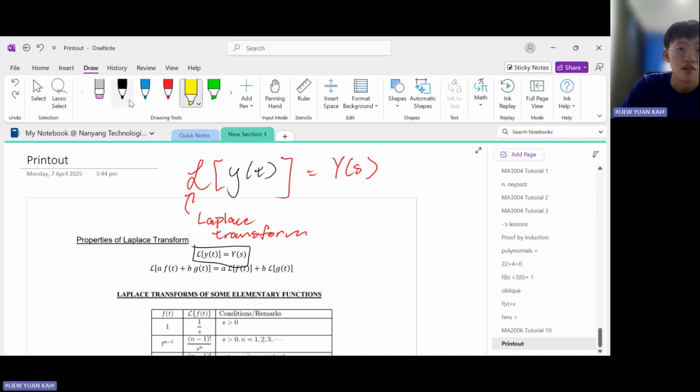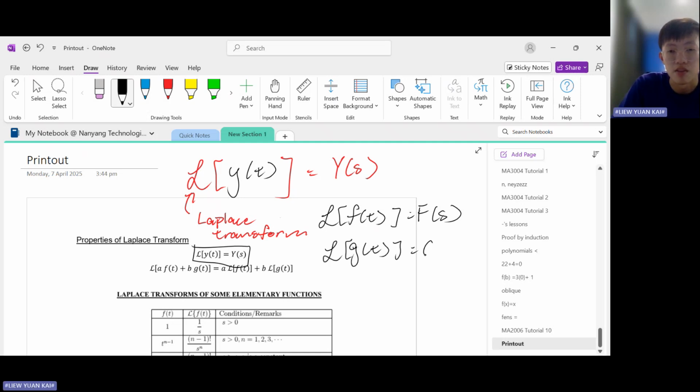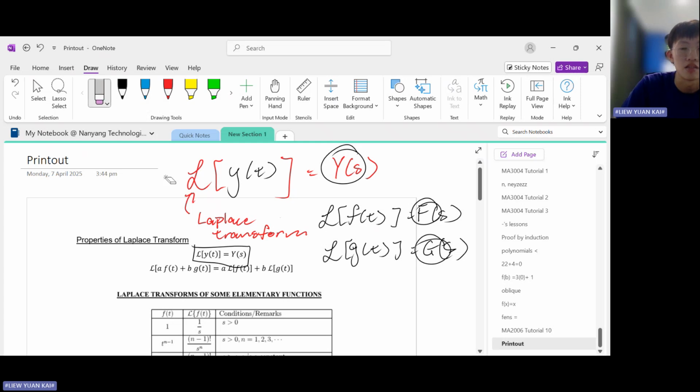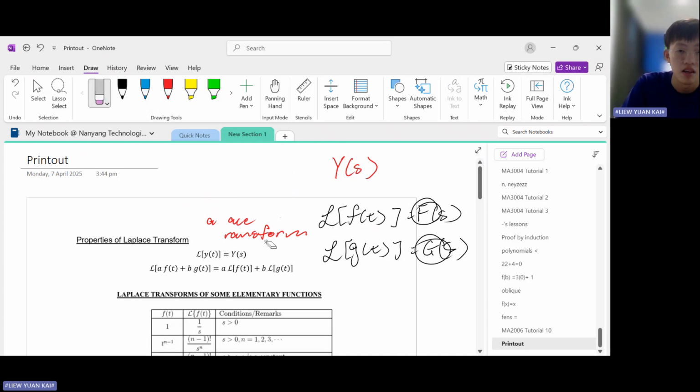Frequency-dependent functions are uppercase. So maybe I give you a different function, say f of t. If I take the Laplace transform of f of t, what I'll get is big F of s. If I give you g of t, I'll get big G of s. So big Y, big F, big G are our Laplace transforms of y, f, and g respectively.